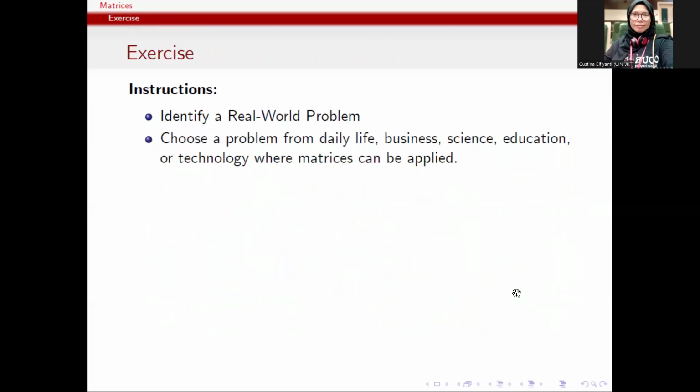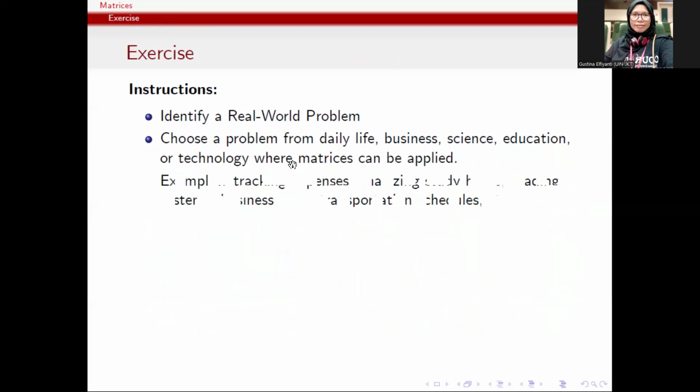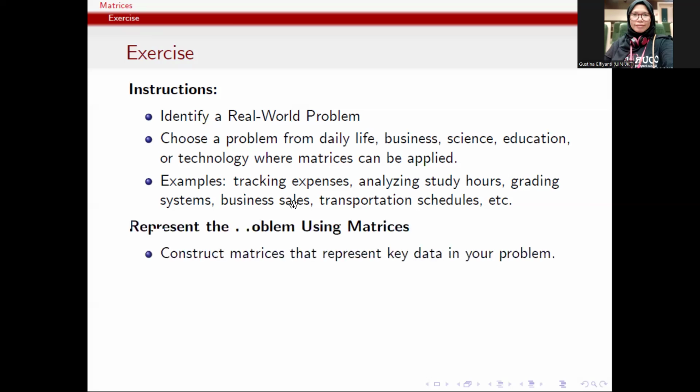Now for your exercise, please identify a real-world problem. Choose a problem from daily life, business, science, education, or technology where matrices can be applied. Examples: tracking expenses, analyzing study hours, grading system, business sales, transportation schedule, etc. Then represent the problem using matrices. Construct matrices that represent key data in your problem.